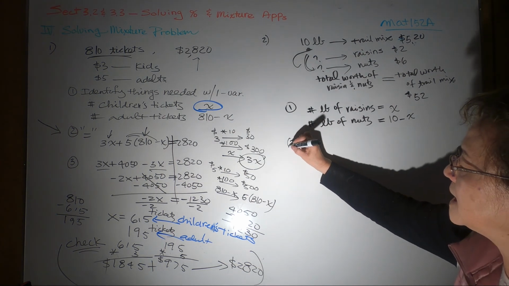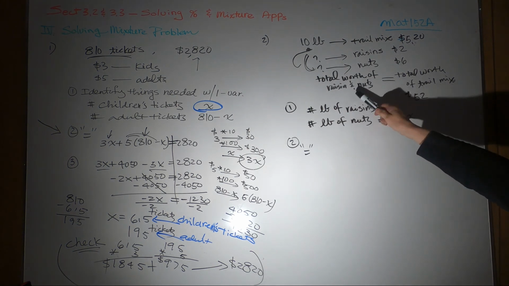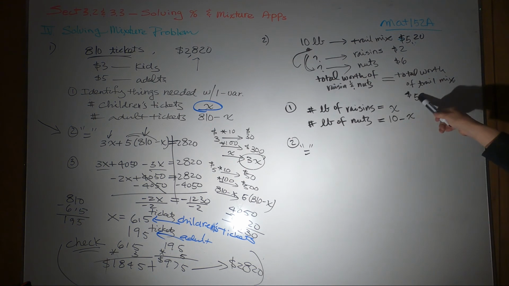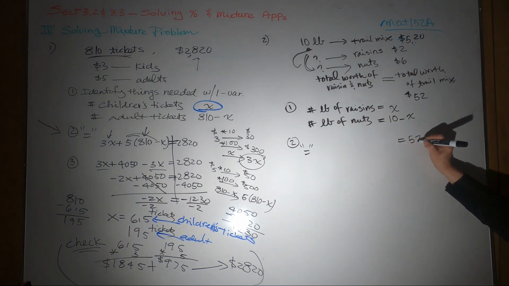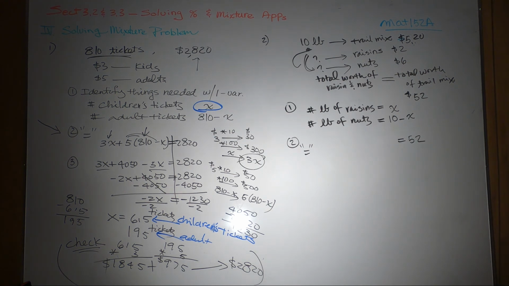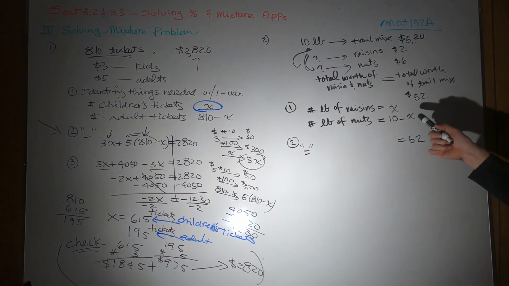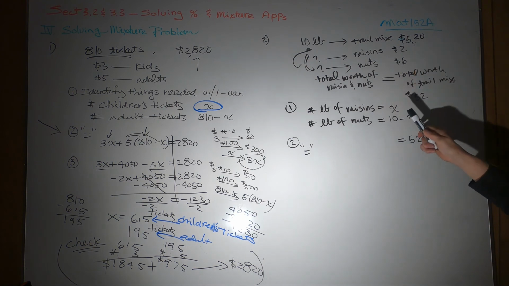Then how do we write our equation? You see, total worth should be the same. Nuts and raisins combined should be the trail mix. Then the trail mix is worth $52. Then how about raisins and nuts individually, right? Each pound of raisins is $2.